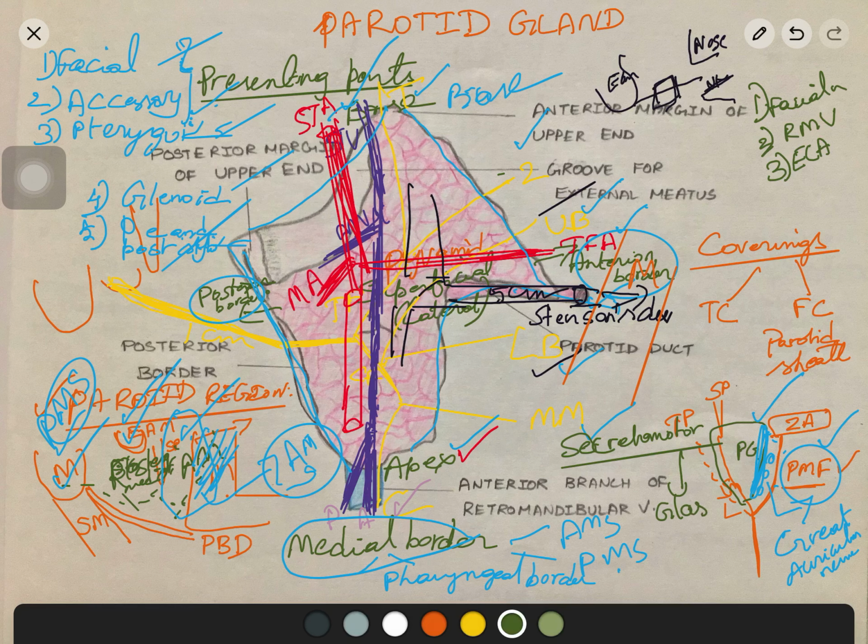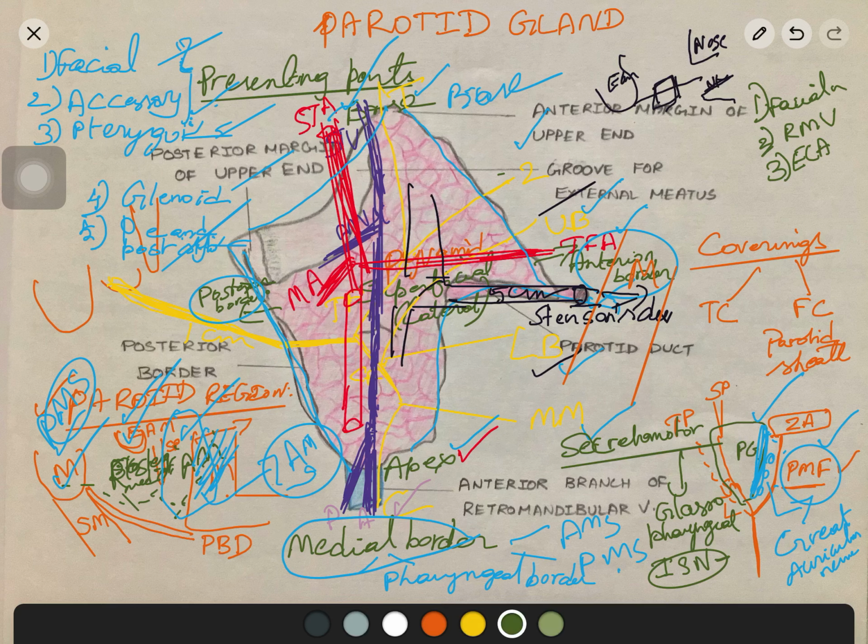So which nerve is secretomotor for the parotid gland? Glossopharyngeal. The nucleus of the glossopharyngeal nerve is called the inferior salivatory nucleus, present in the medulla oblongata.